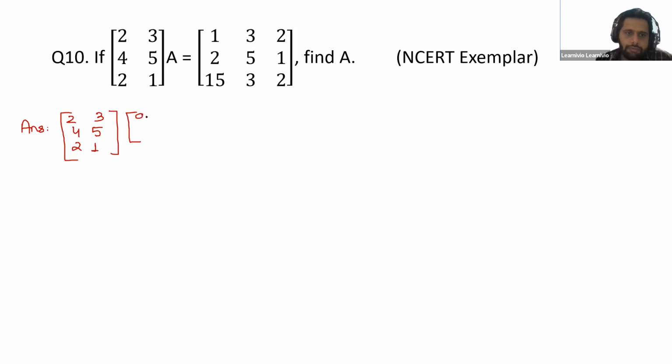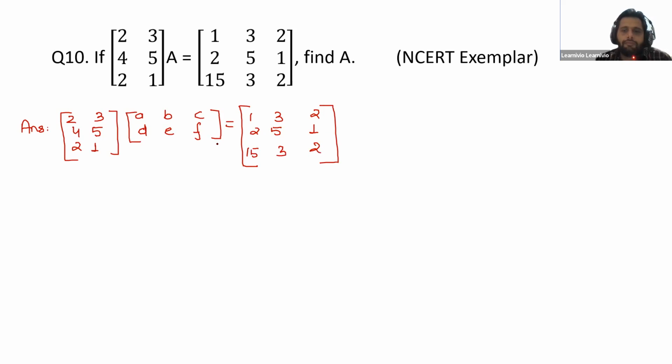Okay. You need to solve in this way. Please complete it.